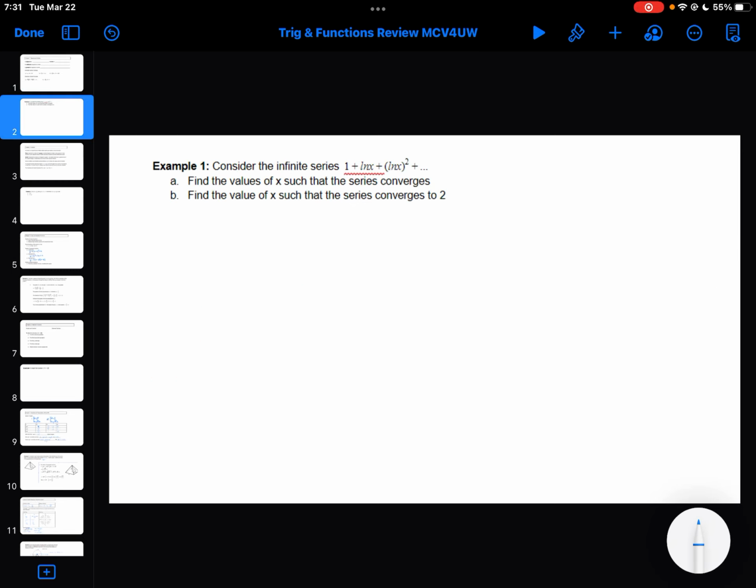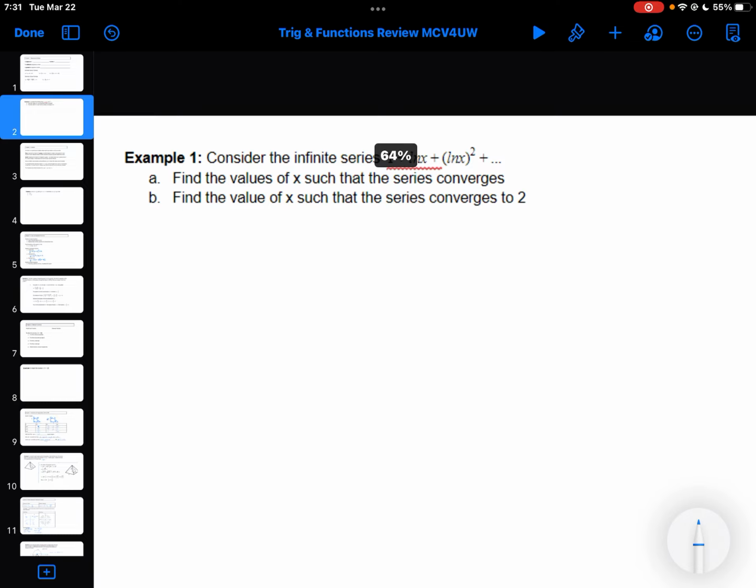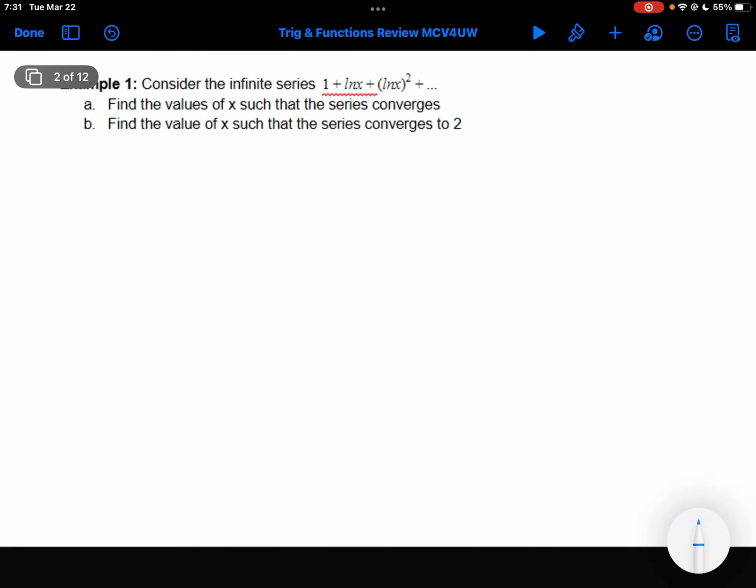Okay, so let's take a look at an example here. We're looking at the infinite series 1 plus ln x plus ln x squared. The next term will be ln x cubed, ln x to the 4th. The first thing that we're going to do is find the value of x so that the series converges.